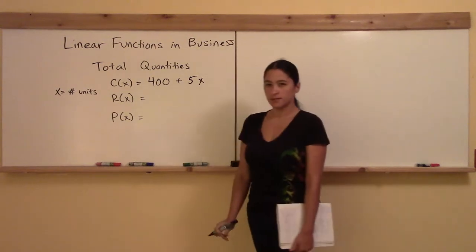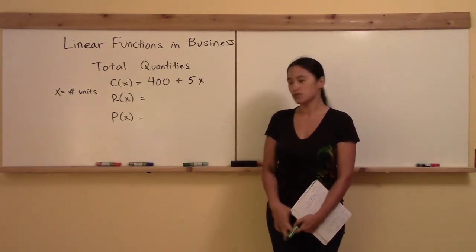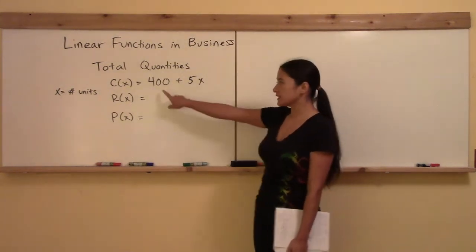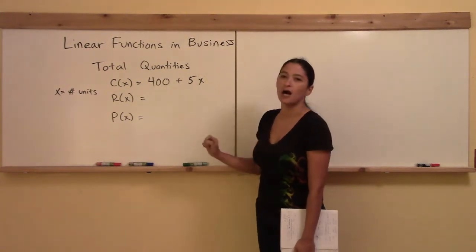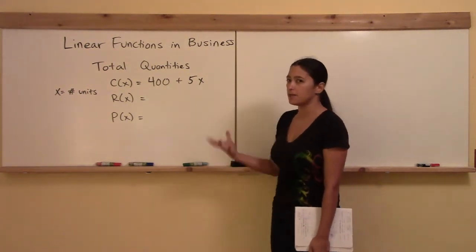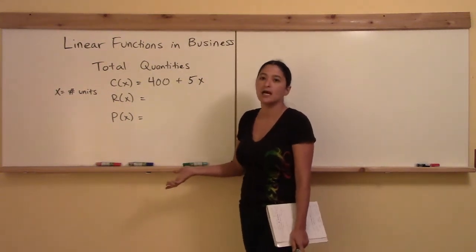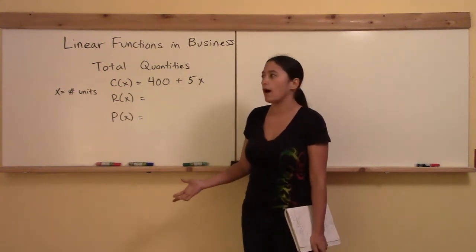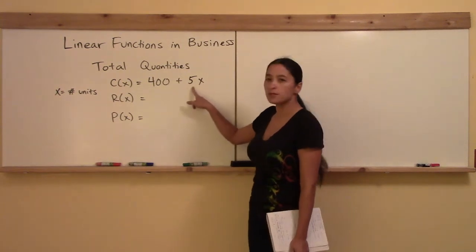5x. Now, do you remember the components of the total cost function? There are 2 different components representing different things. The fixed component here with no x dependence represents my fixed costs. That means I have to pay $400 per month or per week or whatever my time unit is, and that's my cost for renting the building or renting the equipment or hiring people to work for me. And then this is the variable cost over here.